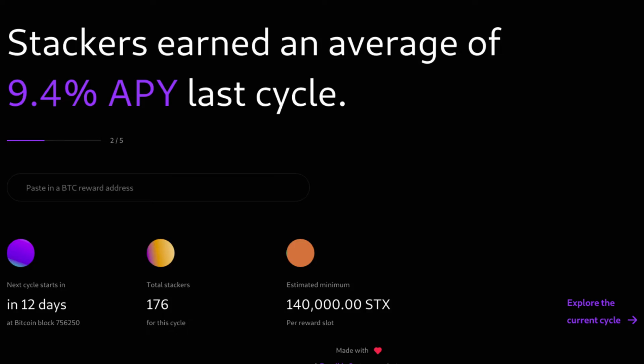You can actually go ahead and check out the different payouts that have been made in the previous stacking cycles within the application, including how many Stacks tokens have been locked in every stacking cycle, as well as how many BTC rewards have been paid out for that particular stacking cycle.